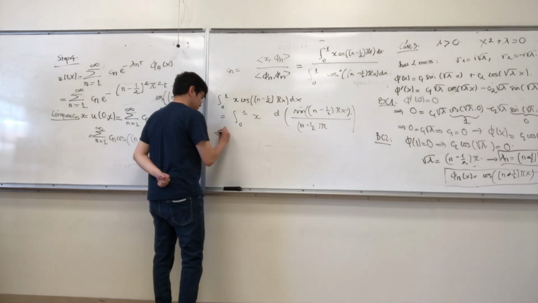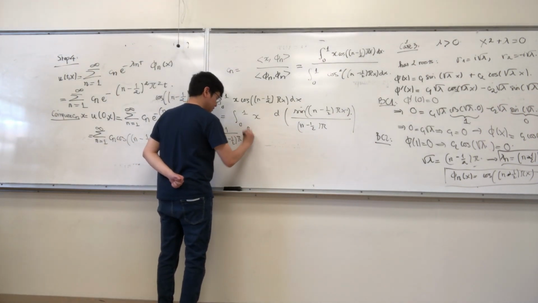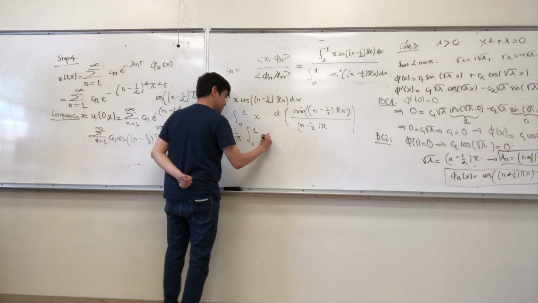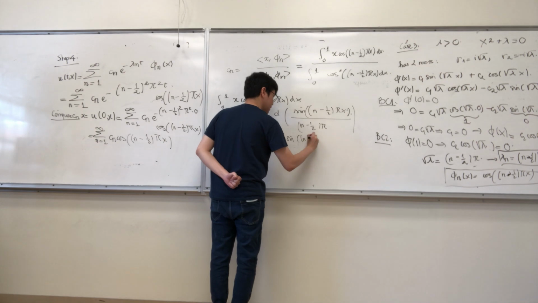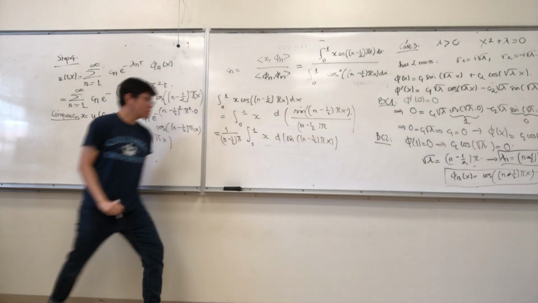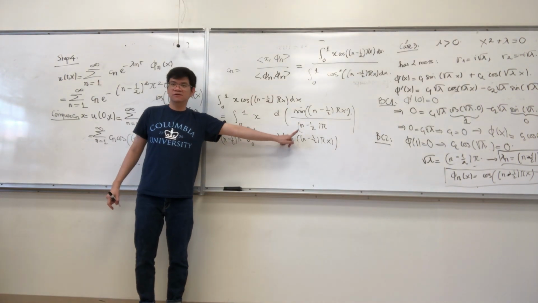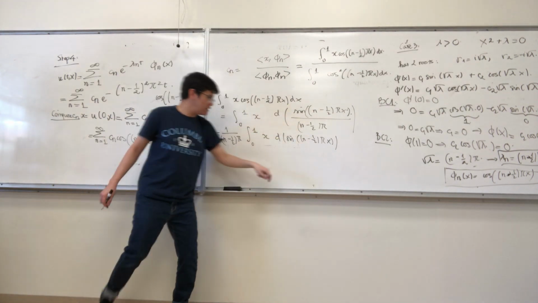So this is 1 over (n minus 1/2) pi times the integral from 0 to 1 of x d of sine of (n minus 1/2) pi x. Alright? So this constant does nothing, so I put it outside. So this is the guy that I have to do.